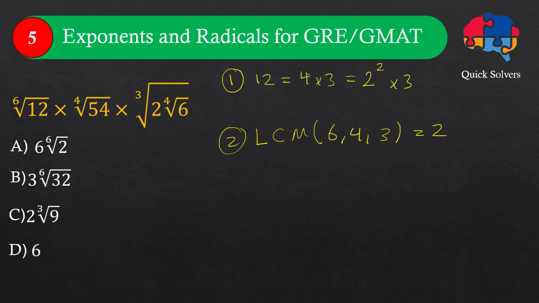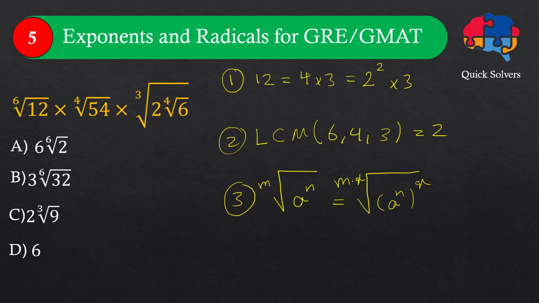And the third step says if we have something like this, the mth root of a to the power of n, this is equal to the (m times x)th root of a to the power of n, to the power of x. Okay, so if I write it in a different color, maybe it makes it more visible.